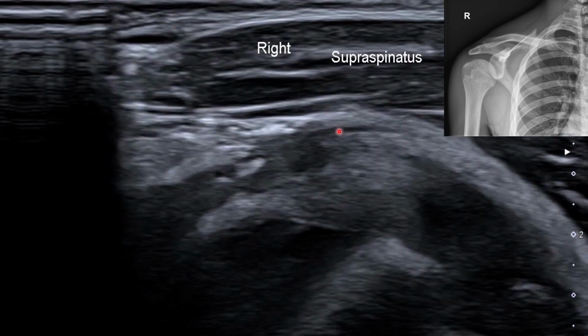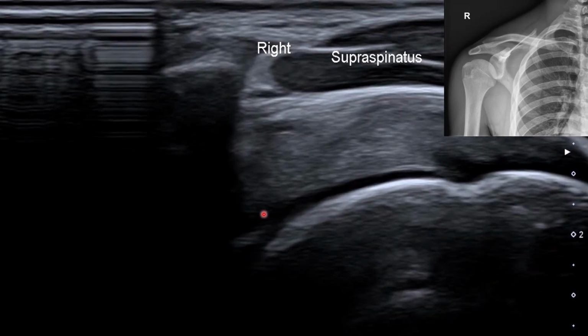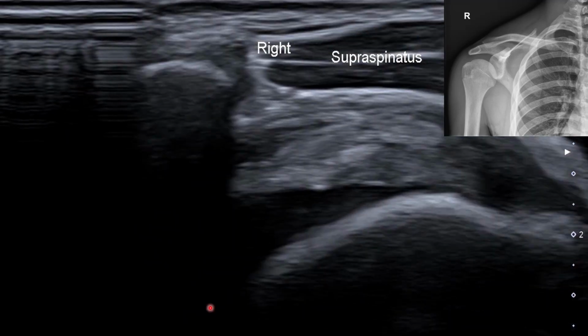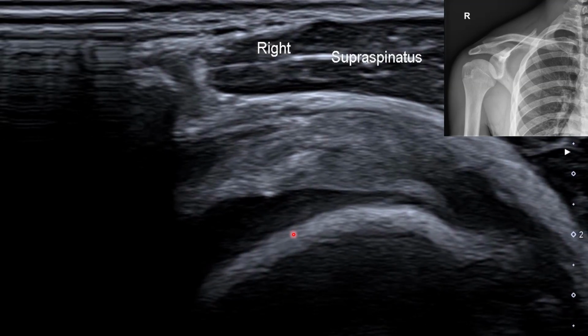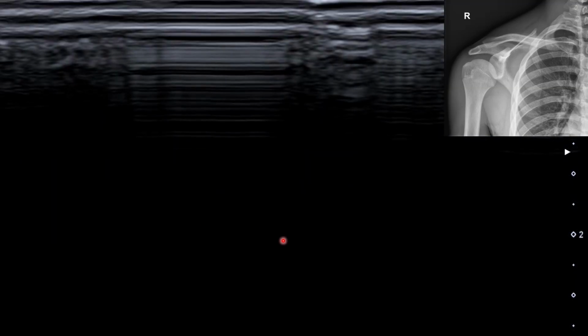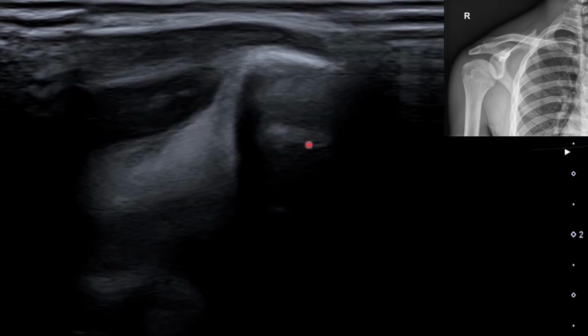So the other tendons were fine. The only thing that we had is this collection, that significant effusion that we have there. So you can see there we have our infraspinatus tendon there, and the acromiofemoral space there. It looks fine.